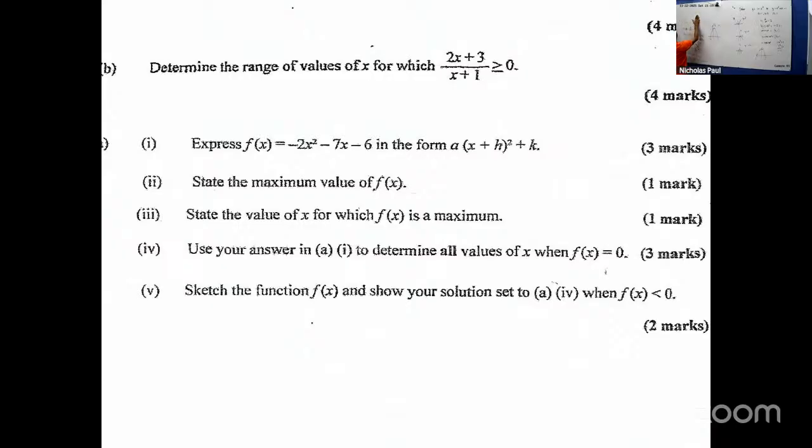Right, as I said, don't worry about the last part to solve it. I'll show you that after.